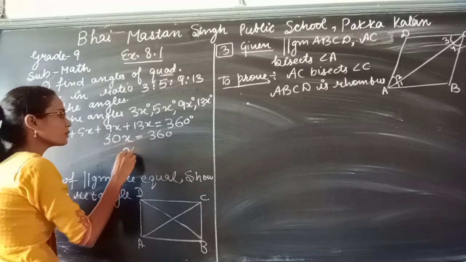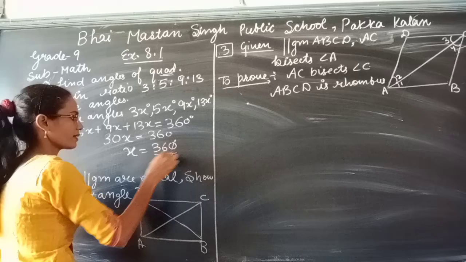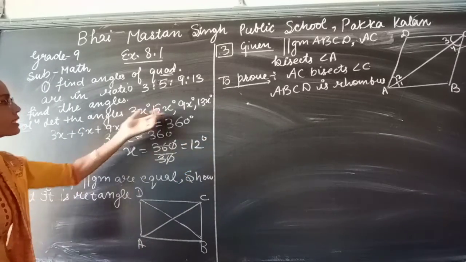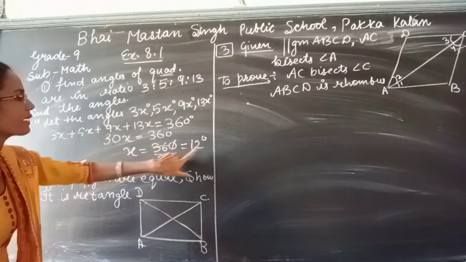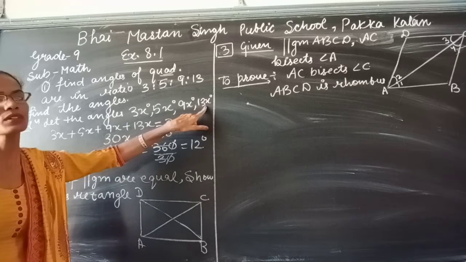So x is equal to 360 by 30, which is 12 degrees. So each angle is multiplied by 12 degrees, and you find all the angles of the quadrilateral.